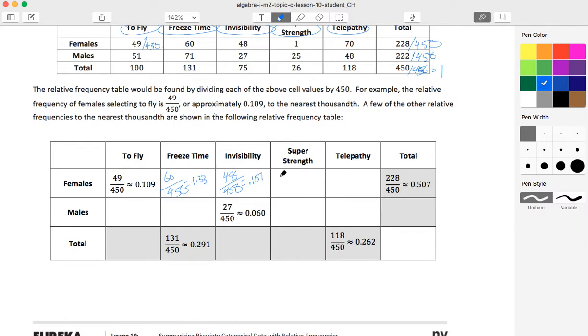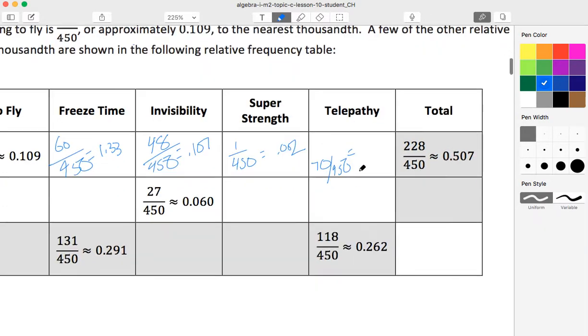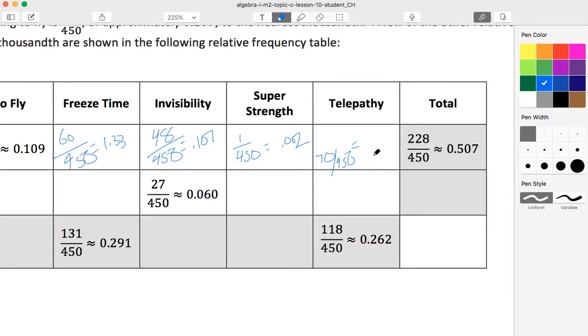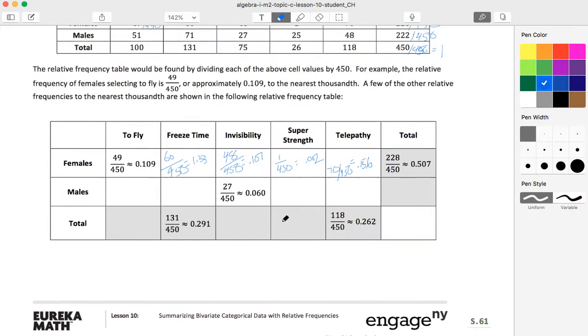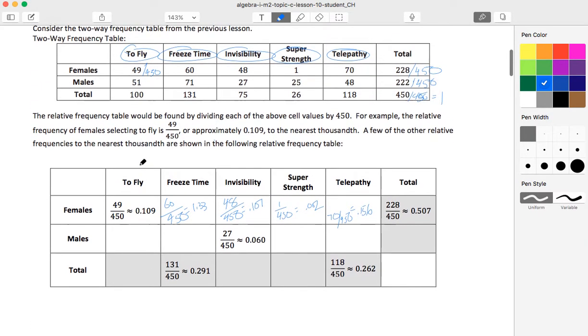Super strength is 1 over 450, or that's equal to 0.002. Telepathy is 70 over 450, which is going to equal 0.156.